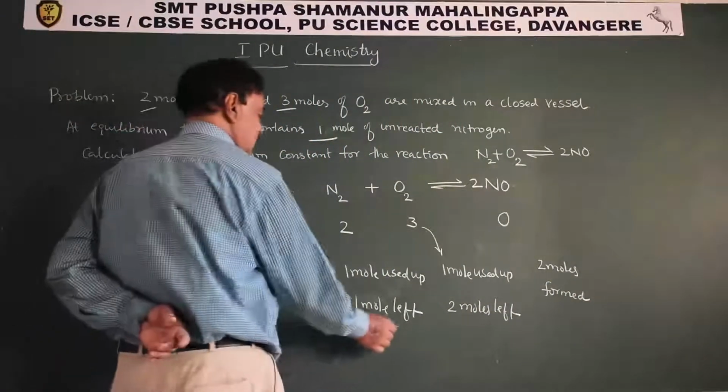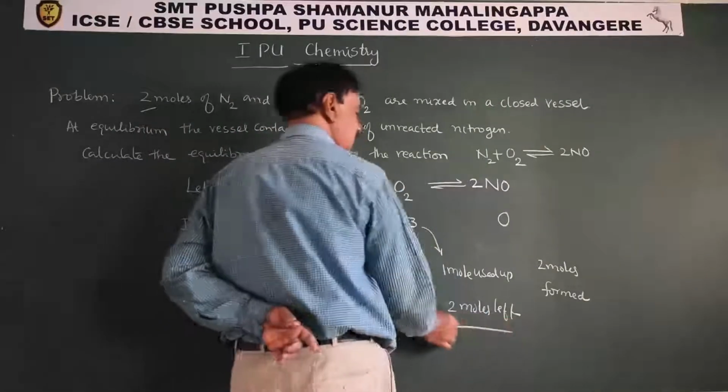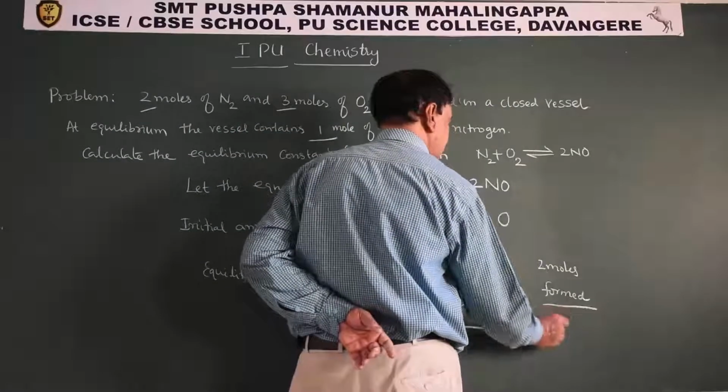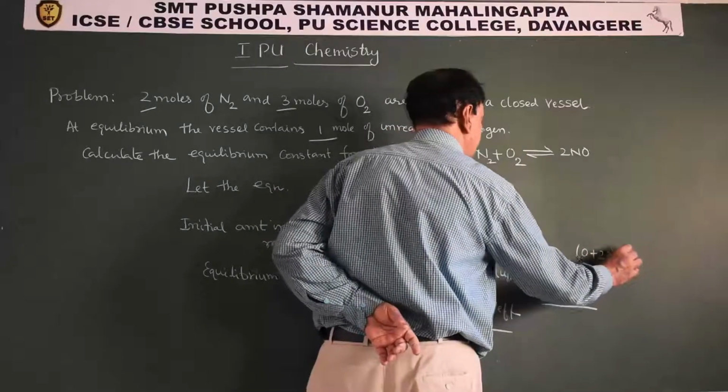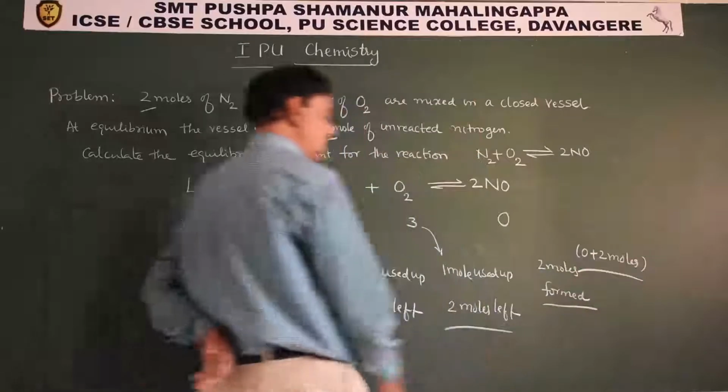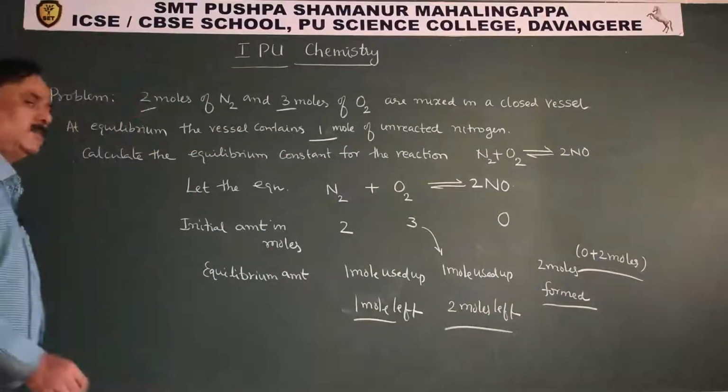Okay, this is 1 mole left, here 2 moles left, 2 moles formed, and then 0 plus 2 moles are formed.